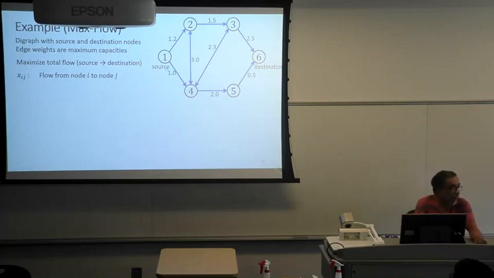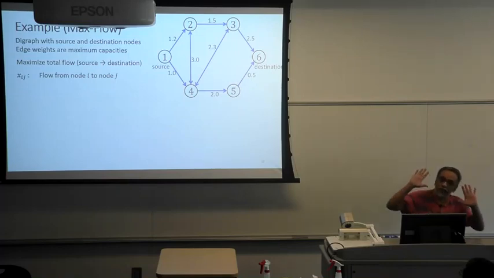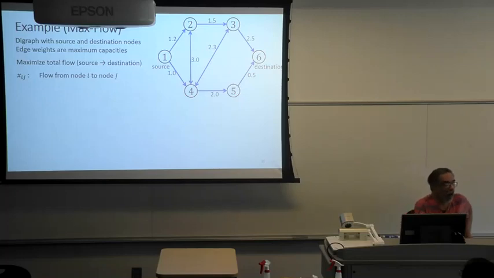We have a designated node called the source and another designated node called the destination. From source to destination, we want to maximize the flow. So how will we direct how much water will go from here to here, from here to here, and so on? That's what we want to find. You can kind of see how it would help in war.